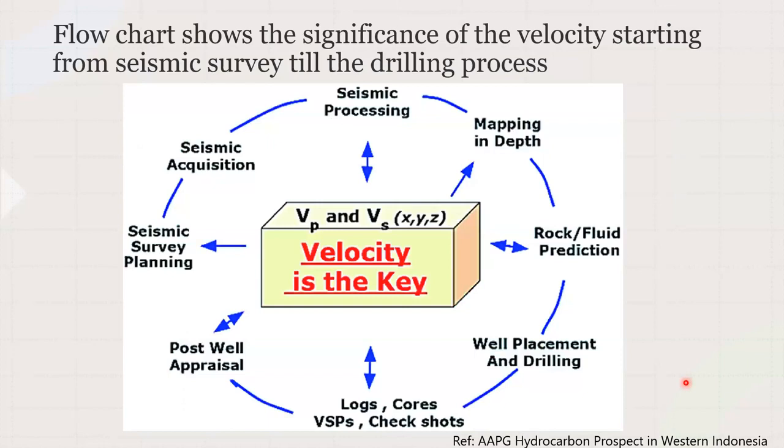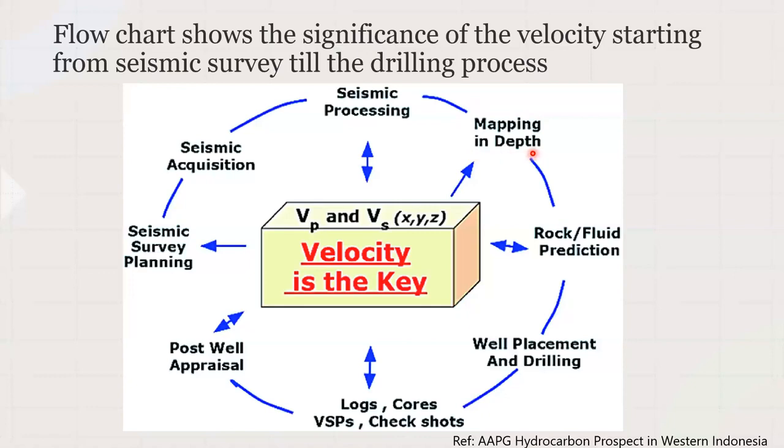One of the main objectives is actually to find the velocity. Velocity is always the main component of everything, because when you're doing seismic, seismic is also based on travel time and velocity. If you have the perfect velocity, then you can go for better prospect maturation, because velocity can be used for seismic processing and also mapping in depth.